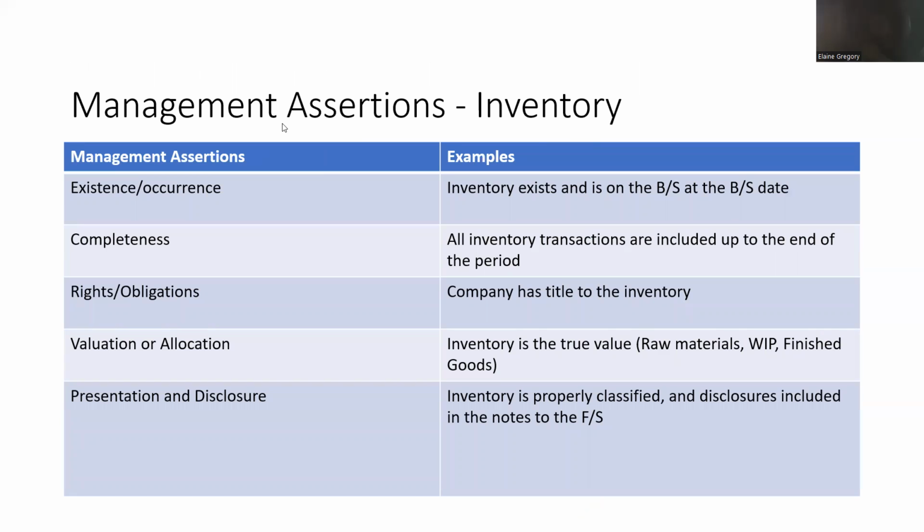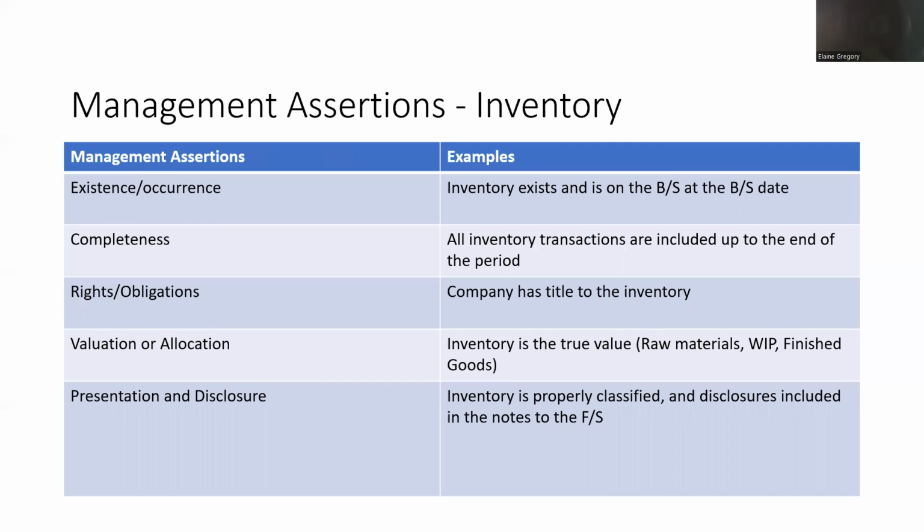Let's look at the management's 5 assertions when it comes to inventory. We want to know that the inventory exists and it's on the balance sheet as of the balance sheet date. The inventory transactions are complete and they're all included up to the end of the period.